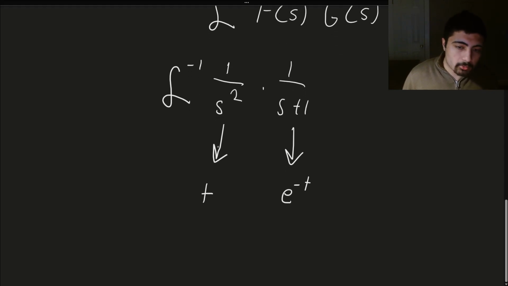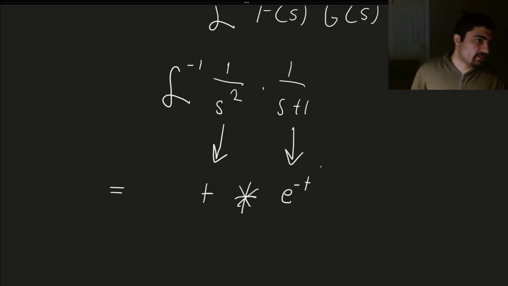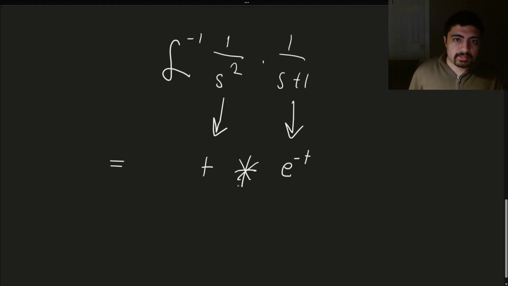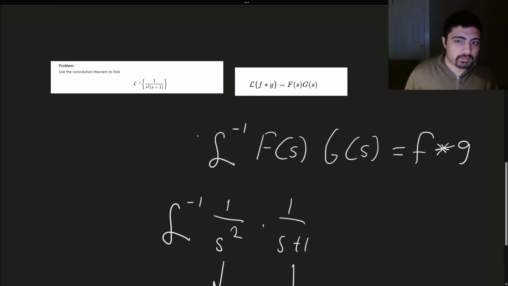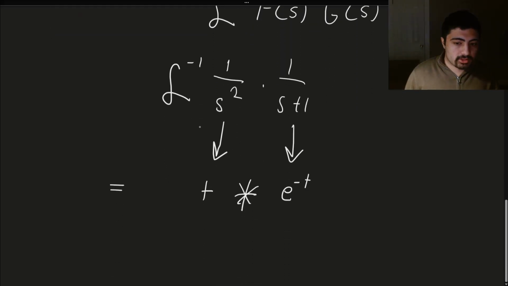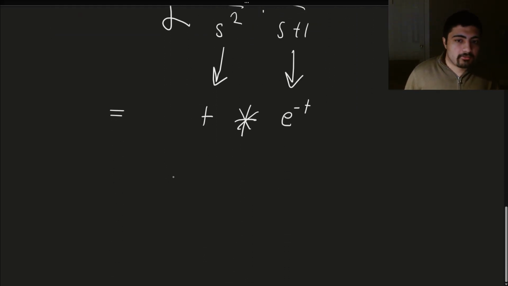So we are actually given that this is going to be equal to t asterisk e to the minus t. So we're going to use this method to find this inverse Laplace with the convolution theorem. And then everything is pretty simple.